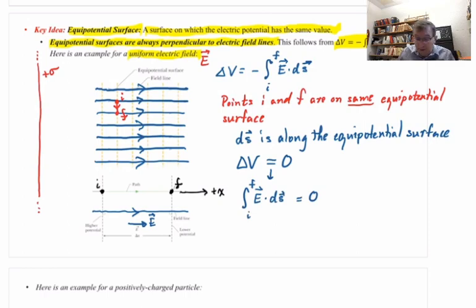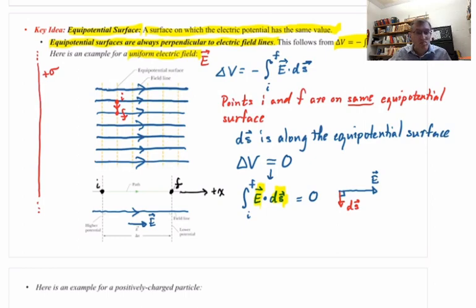Now, how is that going to happen? It's not because the ds part is 0, and it's not because the E part is 0. Neither of those is 0. So how do we get this integral to be 0? It's because of the dot product between those two. It must mean that the direction of the displacement you took, ds, and the electric field must be exactly at 90 degrees to each other, because then their dot product vanishes.